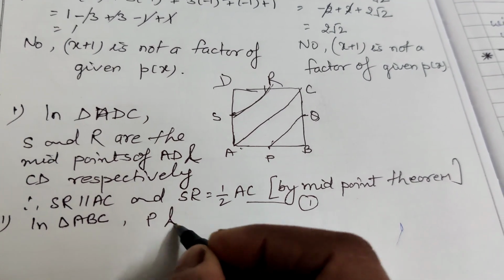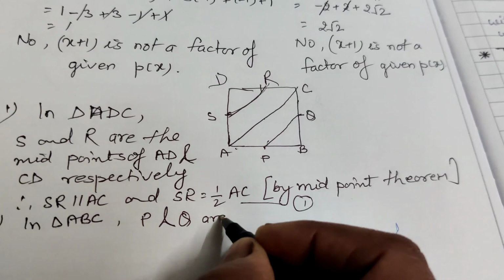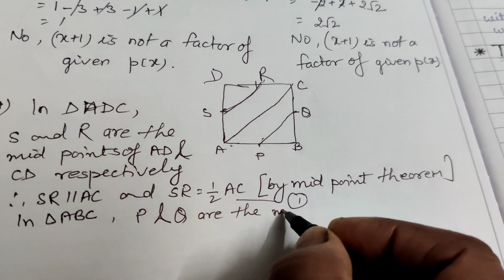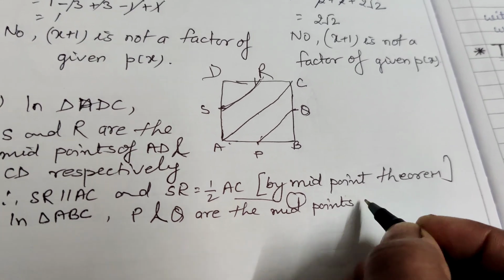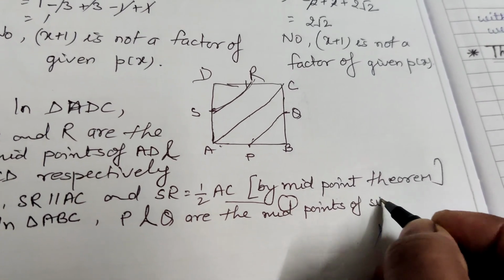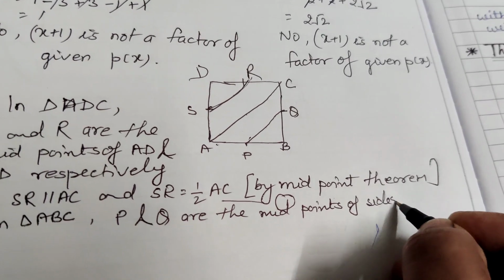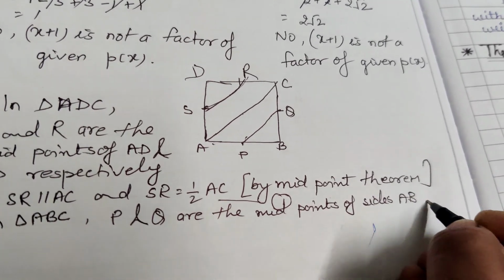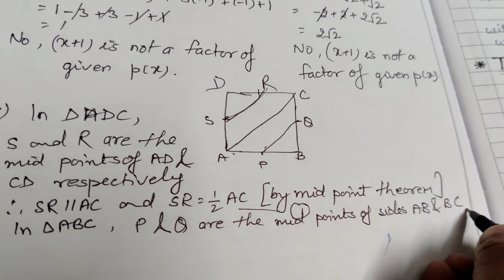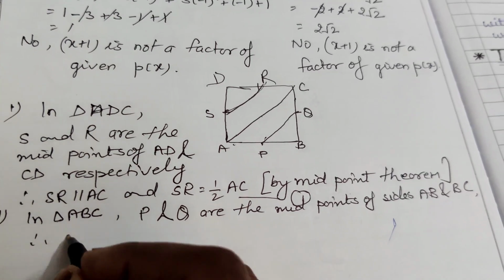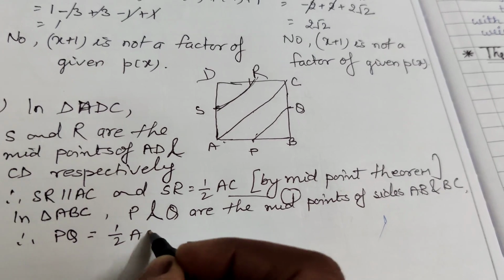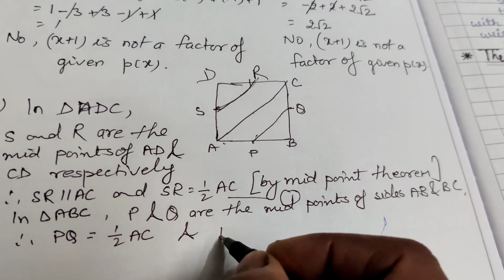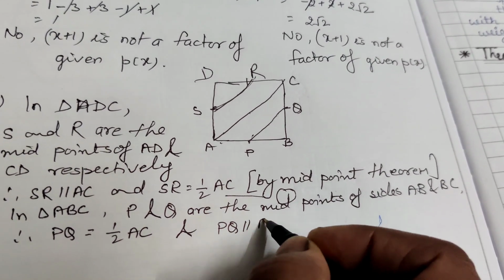P and Q are the midpoints of sides AB and BC respectively. Therefore PQ equal to half of AC and PQ parallel to AC.